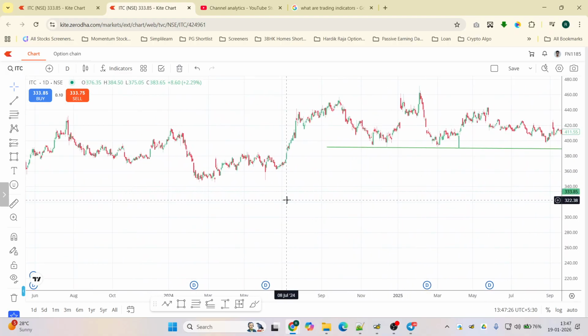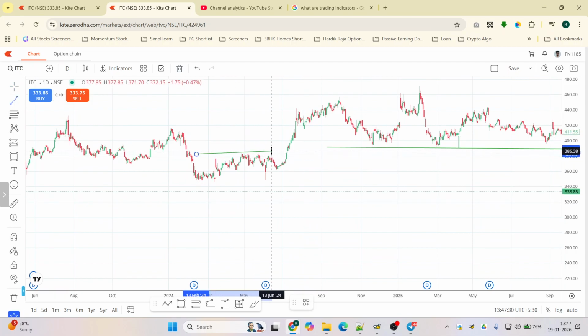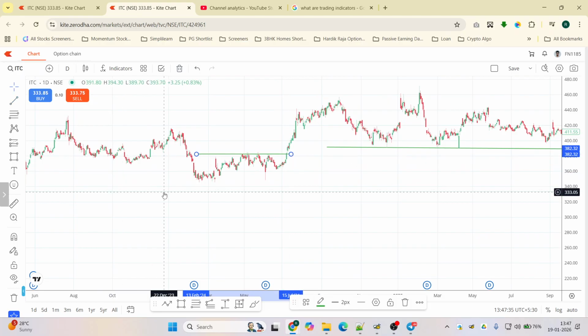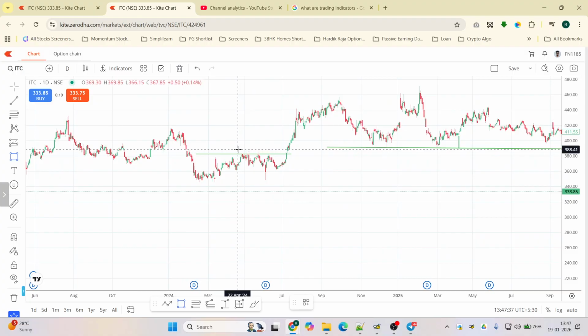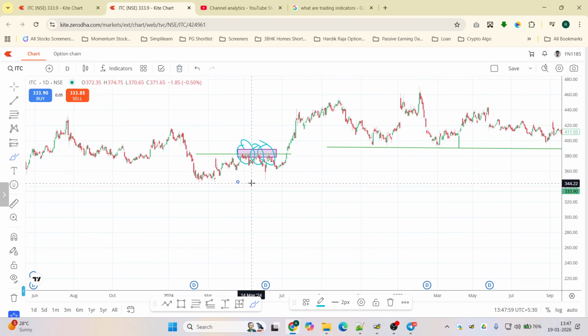But right here, I'll show you an example. ITC has taken resistance multiple times in this area. The price tried to break, but eventually it fell down. 1, 2, 3, so three times it has taken resistance and fallen down.